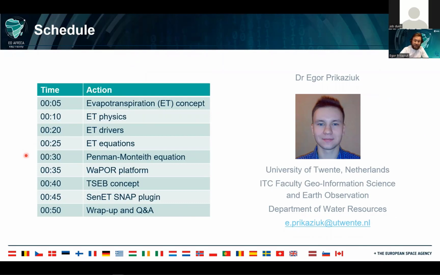Then the Penman-Monteith equation, then a small demo about the WaPOR platform of the Food and Agriculture Organization, followed by another modeling concept, that is the two-source energy balance model. Then again, a small demo of the Sen-ET plugin for SNAP, the ESA tool, Sentinel Application Platform. And finally, wrap up and question and answer session.